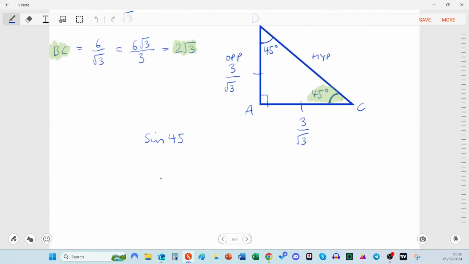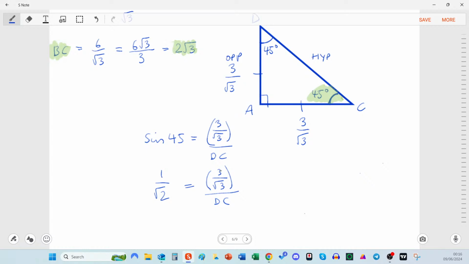So sine 45, which is 1 over root 2, is equal to the opposite, which is 3 over root 3, over the hypotenuse. Actually, let's give it the letters DC. And that's 3 over root 3 again. Don't be afraid to write it twice. It's a good discipline, just to avoid mistakes.